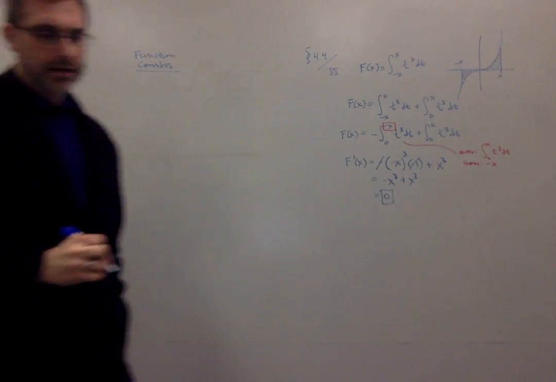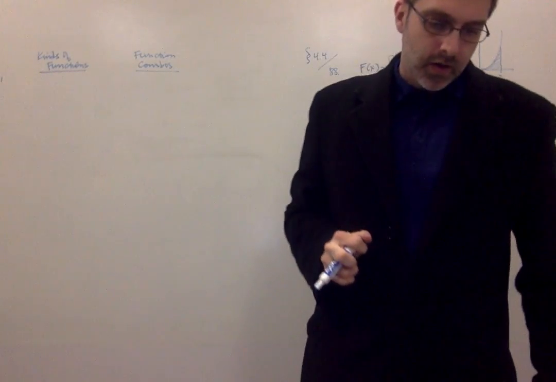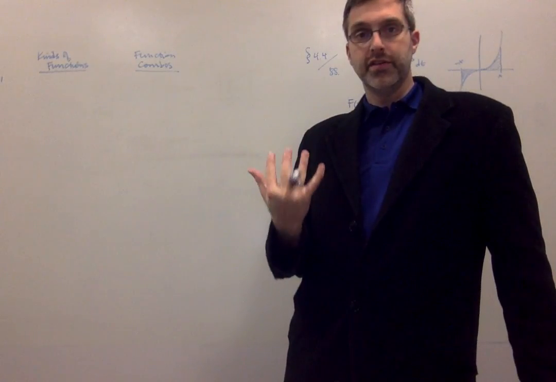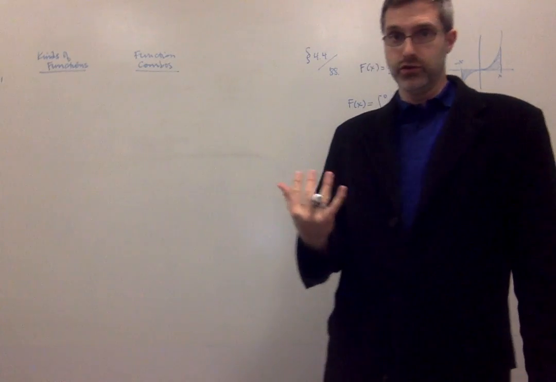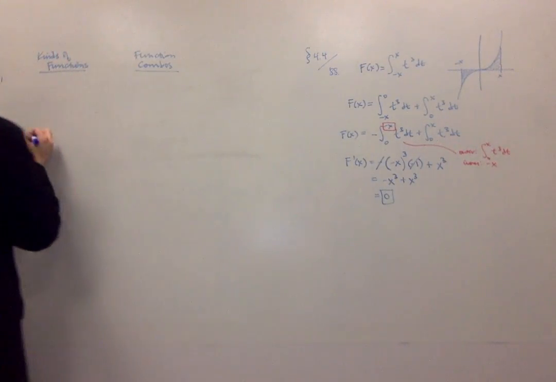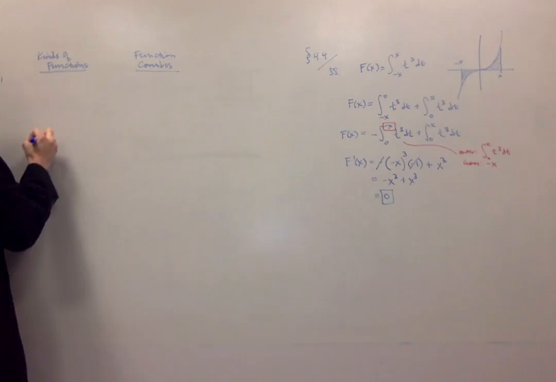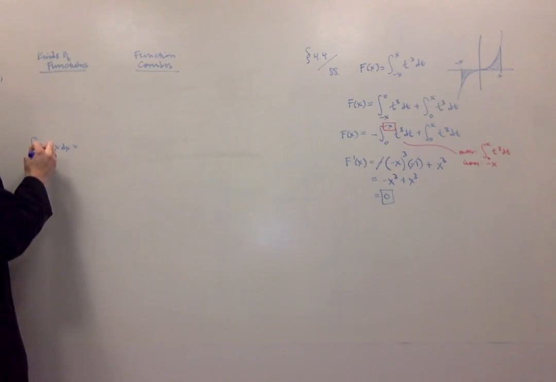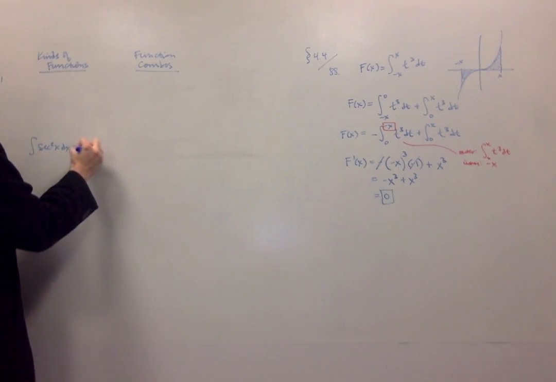And all of our derivative rules we could reverse to get integral rules. So we were able to reverse, for instance, we had a derivative rule that said the derivative of tangent was secant squared, so that gave us an integral rule that the antiderivative of secant squared is tangent.